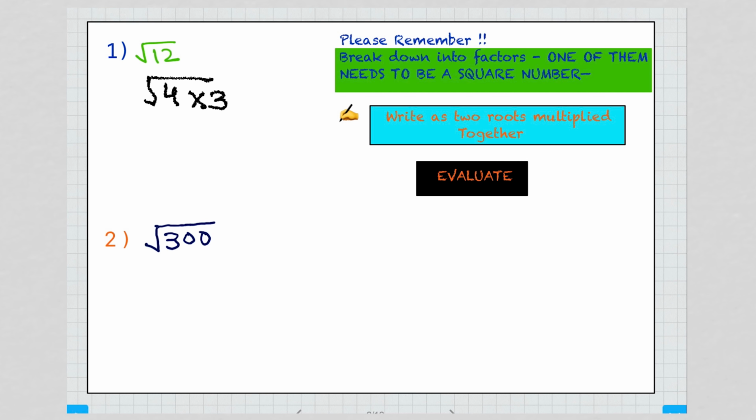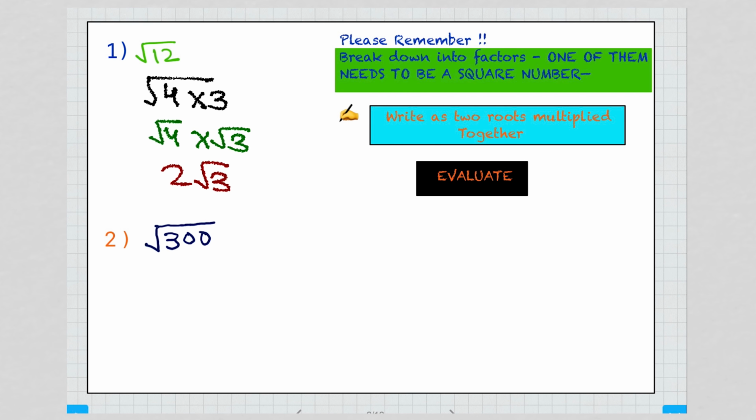One of the numbers needs to be a square number. So which one is a square number in this one? 4. Oh, nice. Root 4 times root 3. So this root 4 is a square number, and in the remainder we have root 3. Then the next step, 2 root 3.